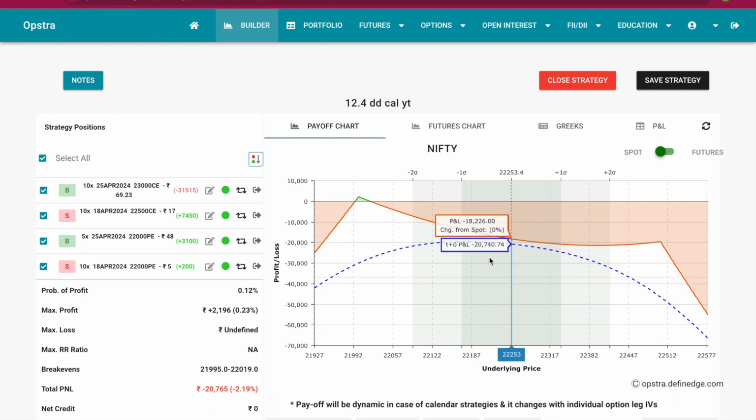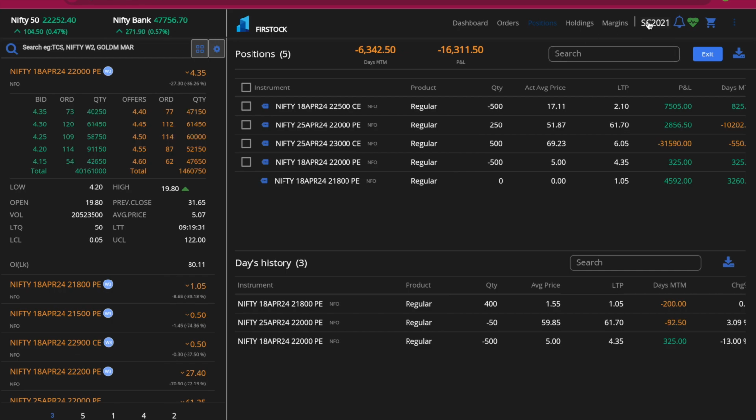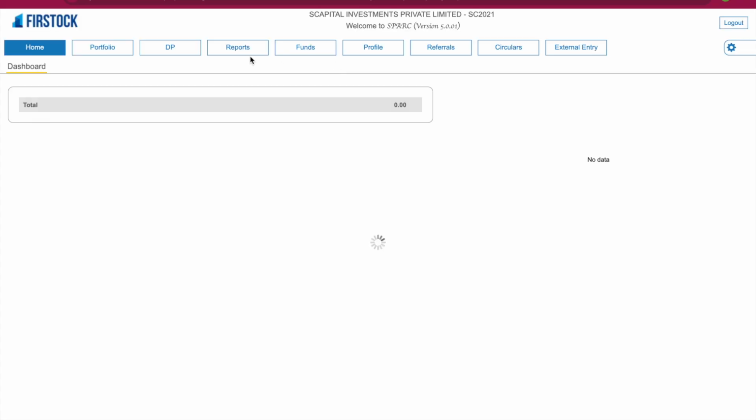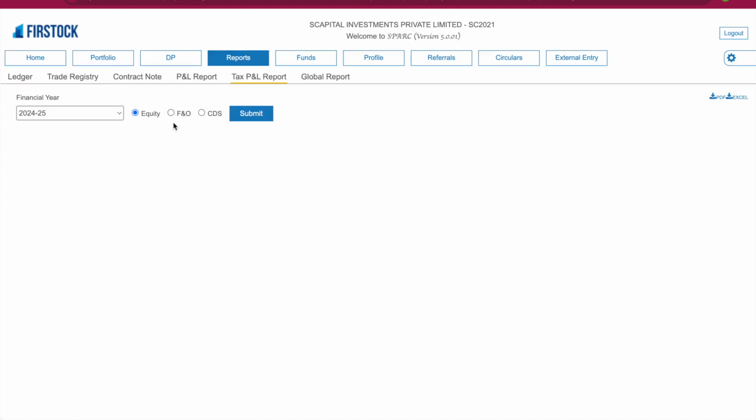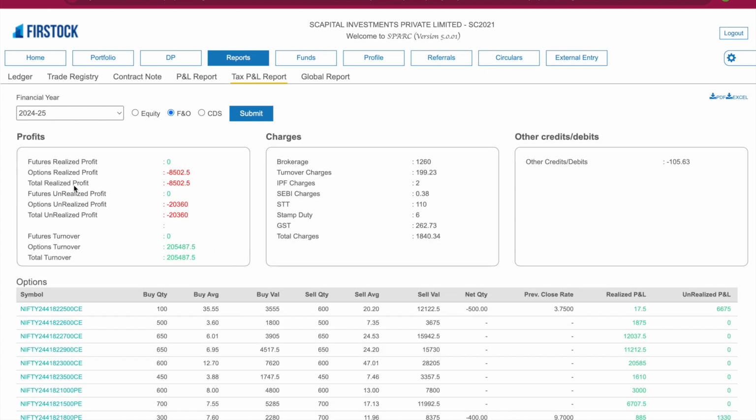Okay, let's just check the PNL for now. We check out the reports and the tax PNL. We check out the FNO, the running profit and loss. Yes, so we have the options realized profit as minus 8,000.